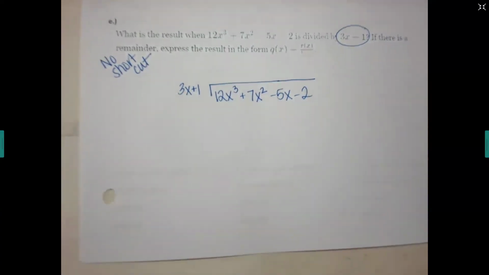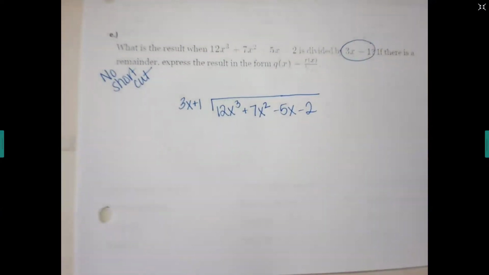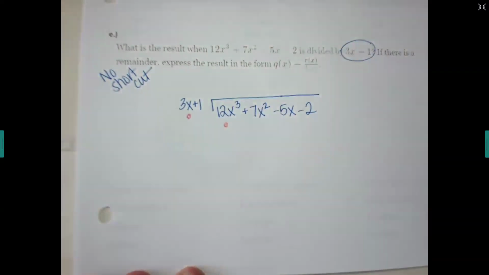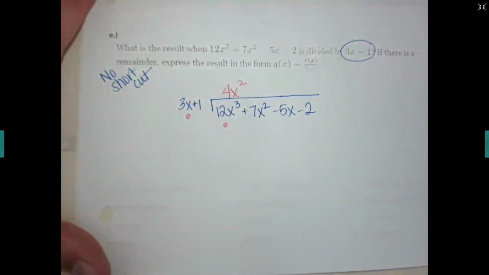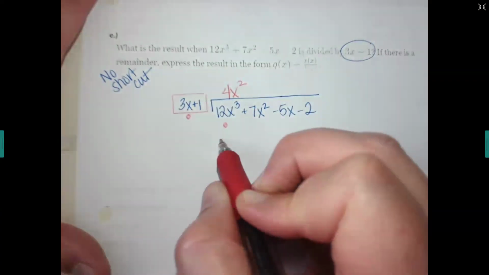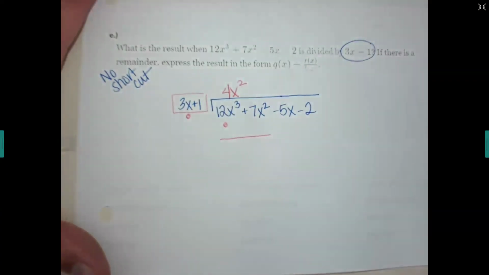The copy is bad, sorry. First question, I need my 3x to perfectly match a 12x^3. What would I need to times by? 4x squared. 4x squared on top. And then remember, you're going to times that by both terms in the front, and you're going to line it up under the first 2 terms.